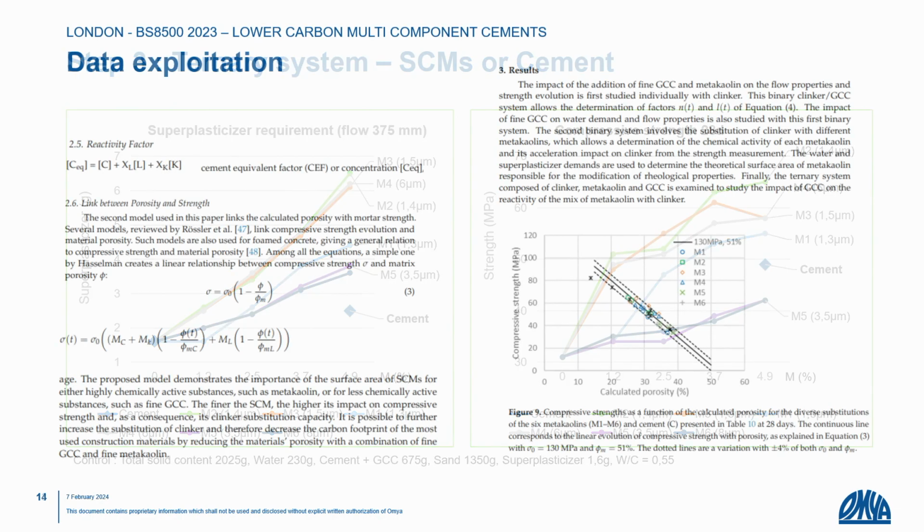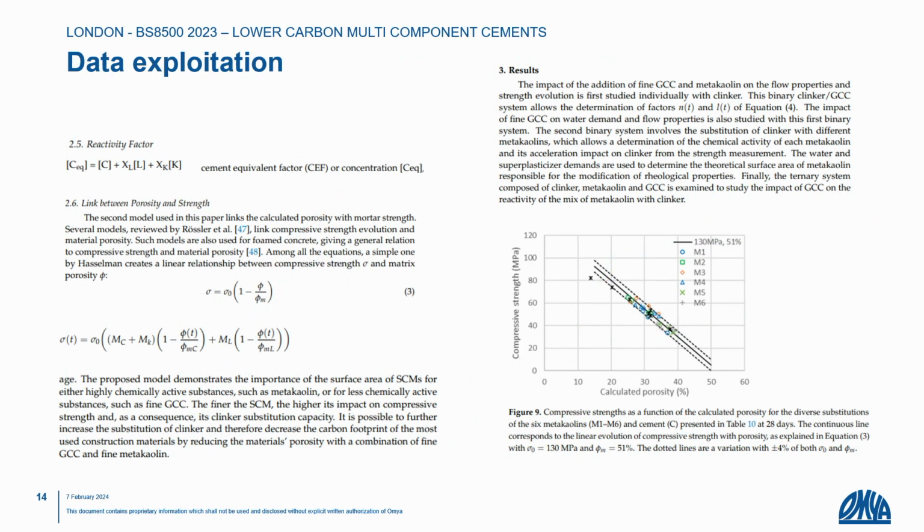The next step here is the data exploitation. Of course, with this sum of data, at the end of the day, we need to show some correlations. It's clear and expected by all of us that the calculation, forget the equation, but the calculation of the reactivity factor and the porosity allows us to show the linear correlation between porosity and strength.